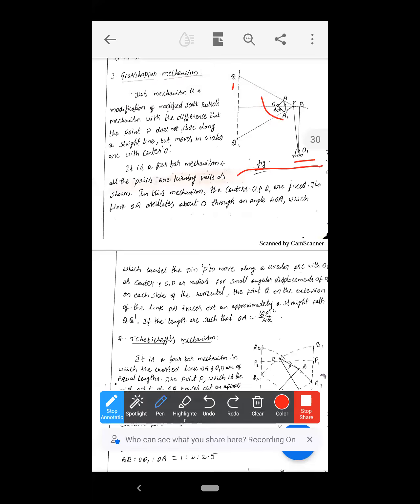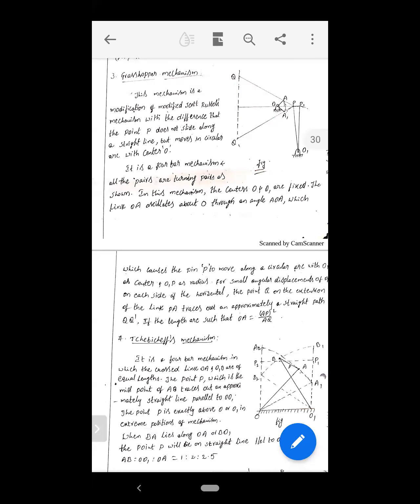Now just observe the function. What function will happen in our grasshopper mechanism? When the crank OA makes some oscillations, the bar PQ also gets some turning motion.